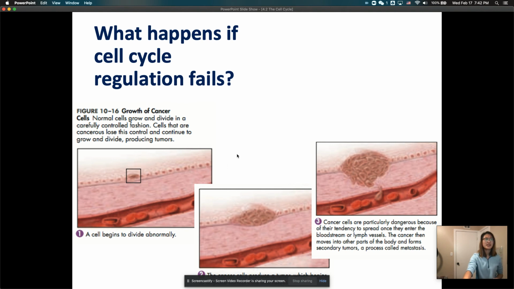Okay, so what happens if a cell cycle regulation fails, right? You can see from these pictures, normally your cell is supposed to be nice and flat and staying in a layer and be exactly where it's supposed to be, but that doesn't always happen. This even happens to plants sometimes. Any organisms can get this. It's really unfortunate. So what really happens, though? At the beginning, it might just be a little bit of a mutation.